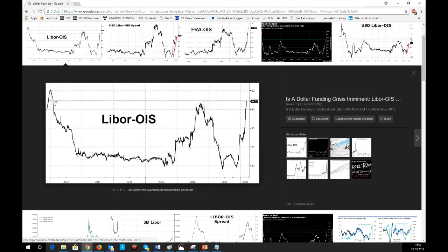One driver could be that market participants are right now recalculating or repositioning their portfolios based on the Fed hiking rates, short-term rates especially.